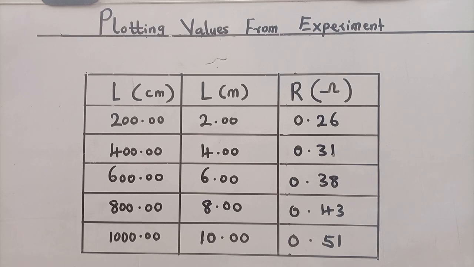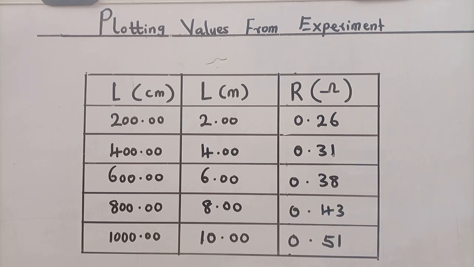A scientist wanted to know how increase in length of a wire causes a change in its resistance. He carried out an experiment, and this table is a summary of his findings. These values came from his experiment.